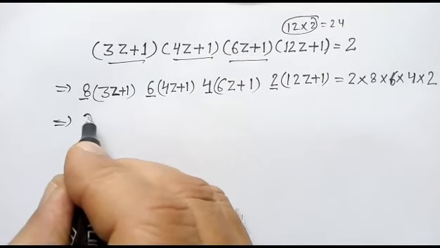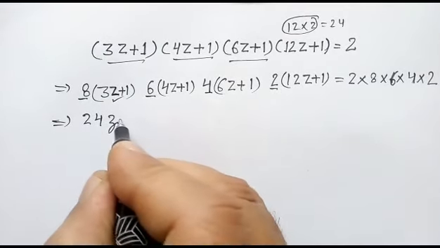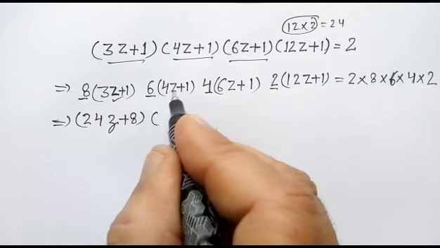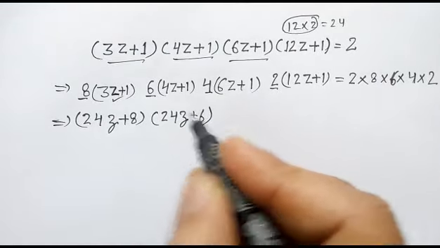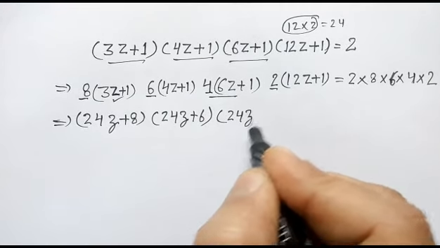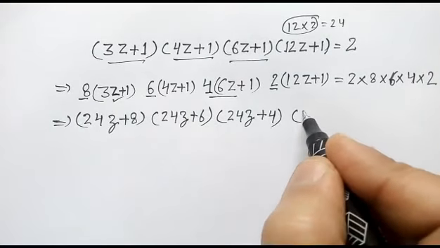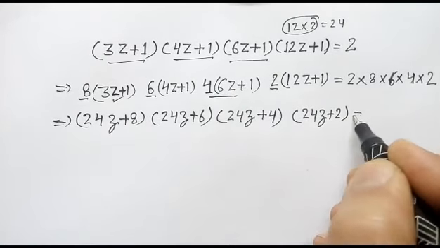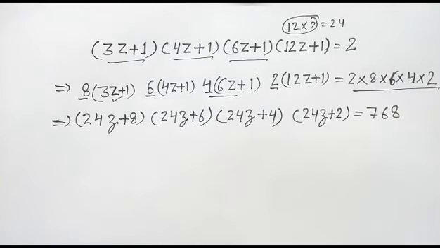Now we have 24z plus 8, here 24z plus 6, 24z plus 4 and 24z plus 2 is equal to 768, right?